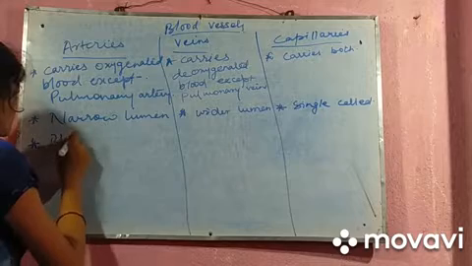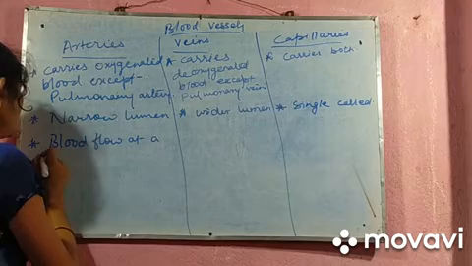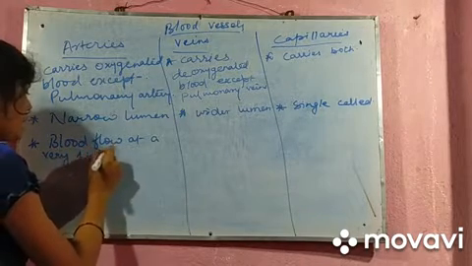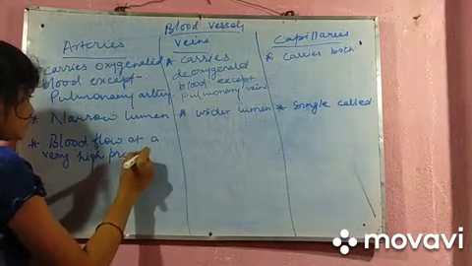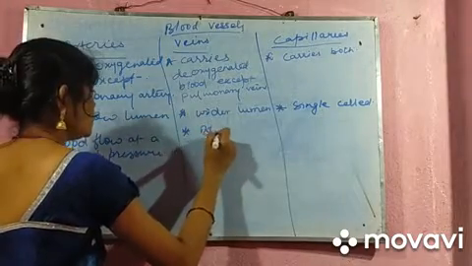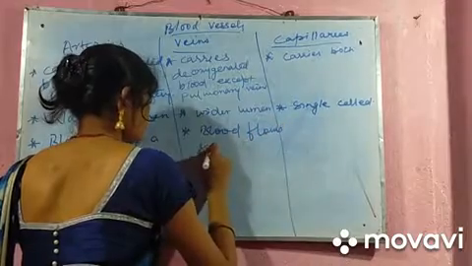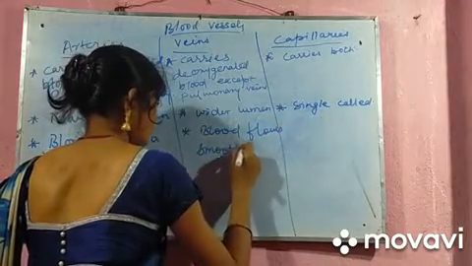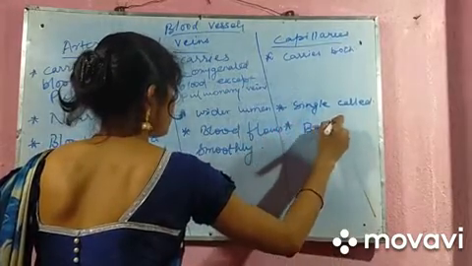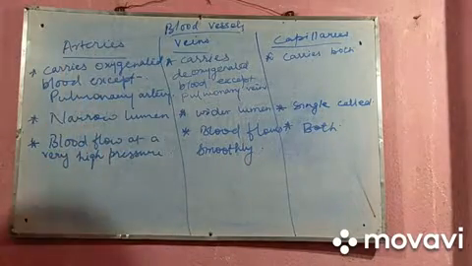In arteries, blood flows at a very high speed, very high pressure. In veins, blood flows smoothly. In capillaries, both. So these are the functions of arteries and veins.